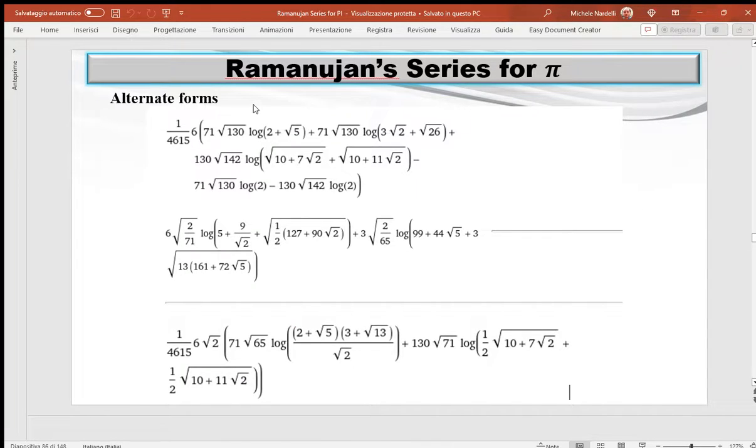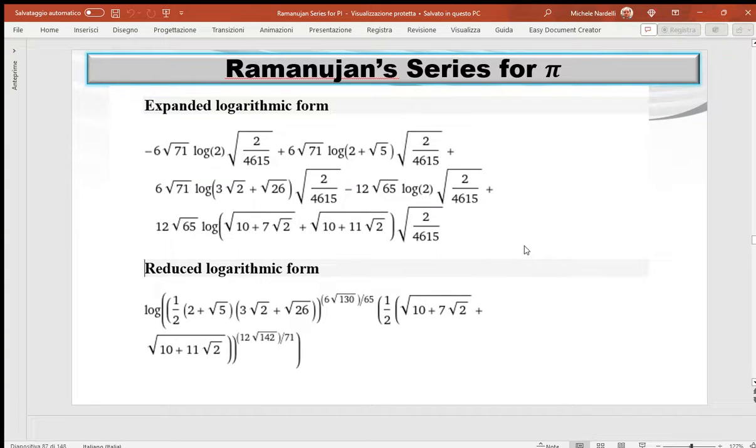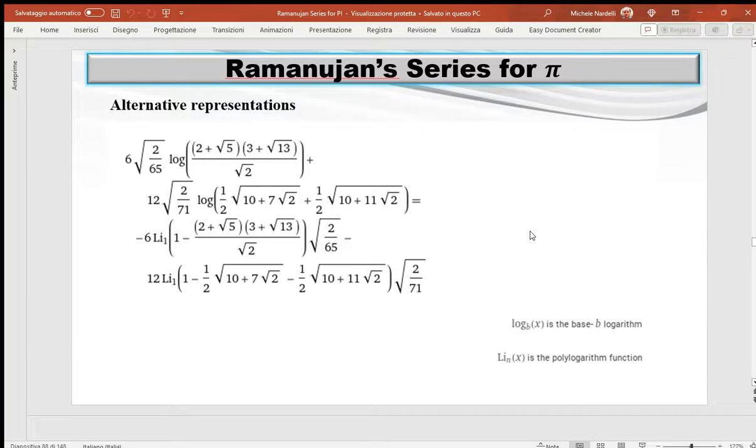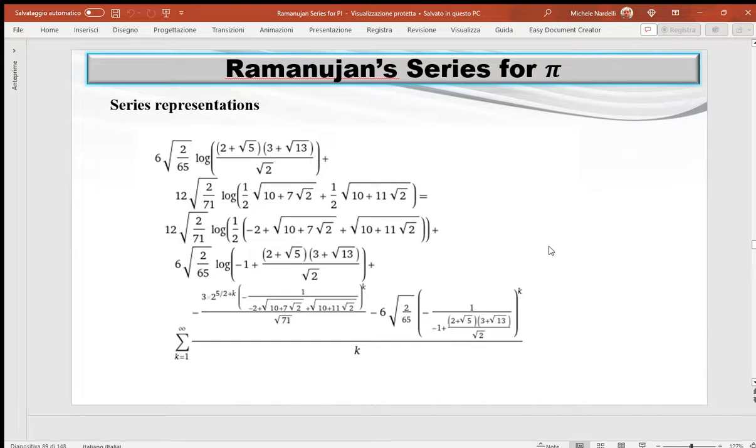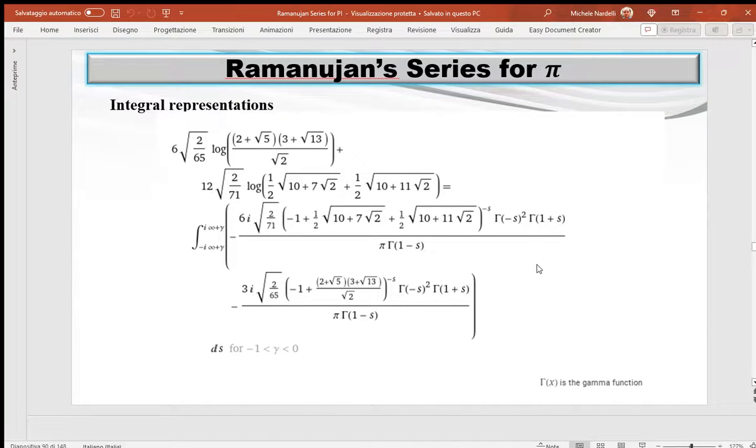Also here we obtain the alternate forms, the expanded logarithmic form, the reduced logarithmic form, the alternative representation, the series representation, the integral representation.